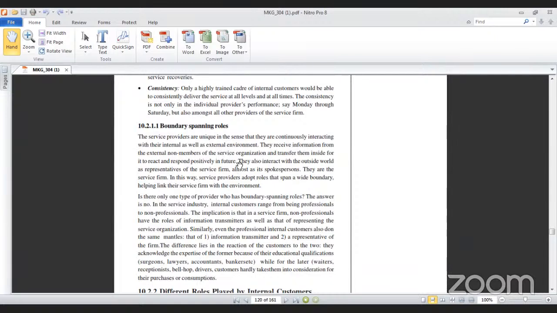They also interact with the outside world and represent the service firm almost as its spokesperson. They are the service firm. In this way, service providers adopt roles that span a wide boundary, helping link their service firm with the environment.